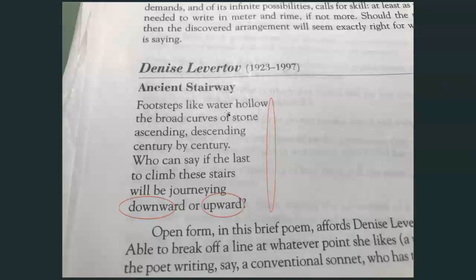So look at the line endings on your poem and see if they make any sense, if it's a free verse poem, if it's an open form poem. Also, slight pauses.